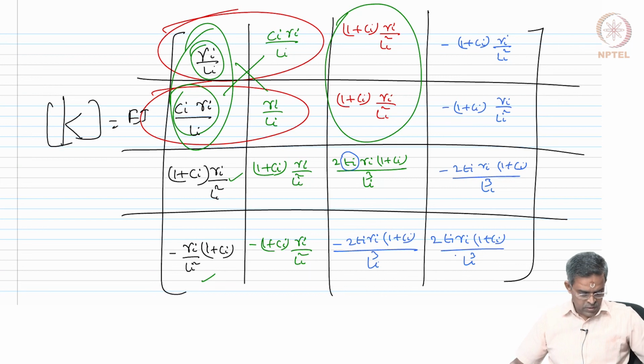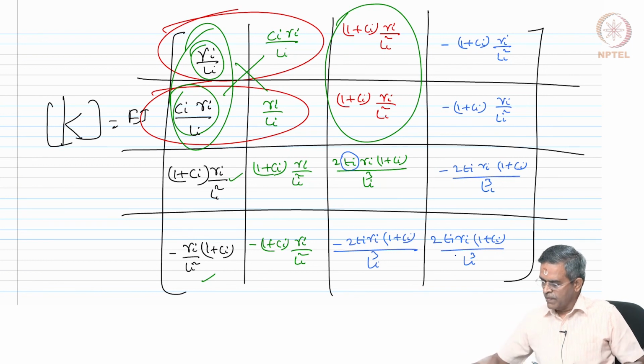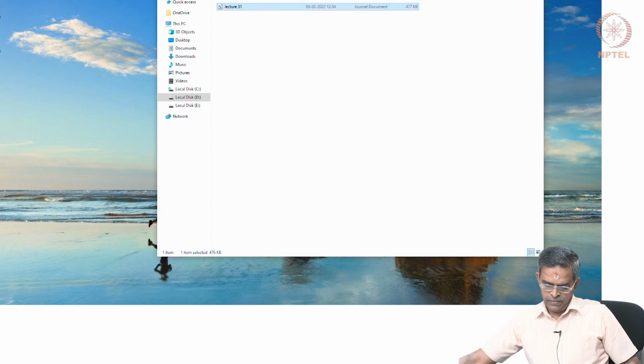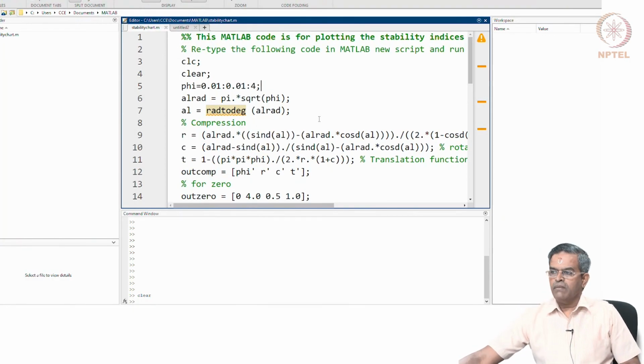So, we have now got the transfer functions, which can be quickly plotted using MATLAB. I will show you the MATLAB program which can be used for this. You can see the MATLAB program on the screen for plotting the stability indices.